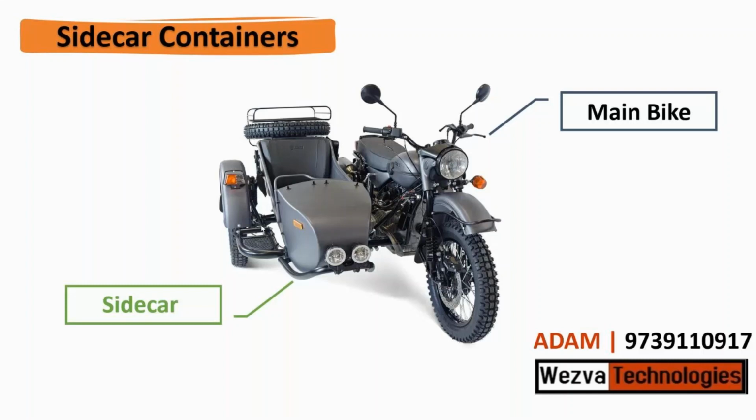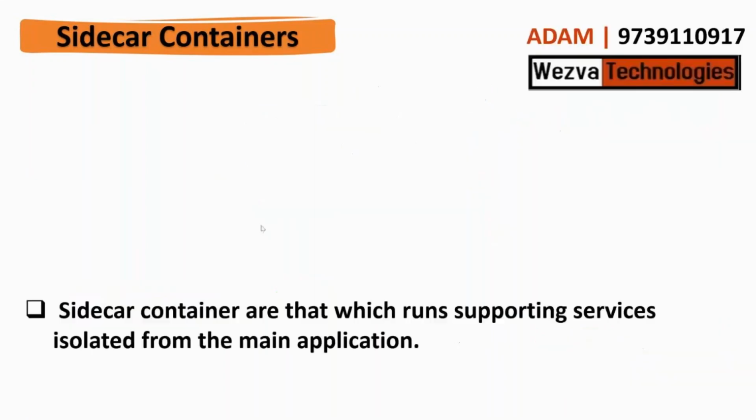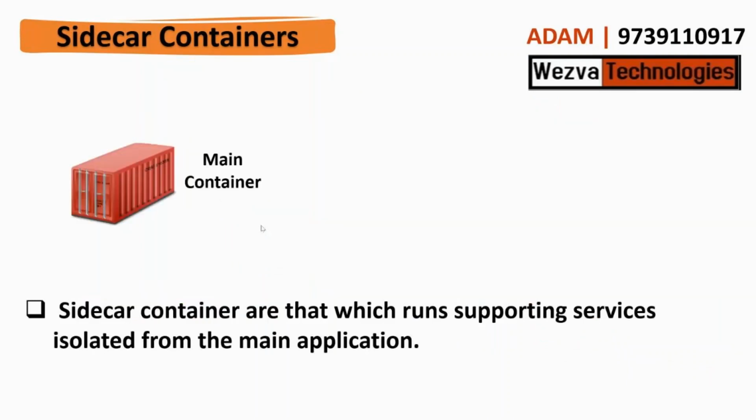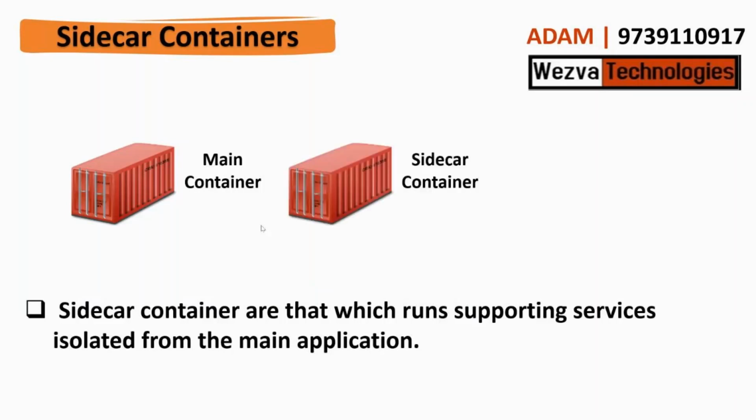In the same way, in Kubernetes, when you have a pod in which you have your main container, there will be a lot of small services or other applications that you need to support running your main application.